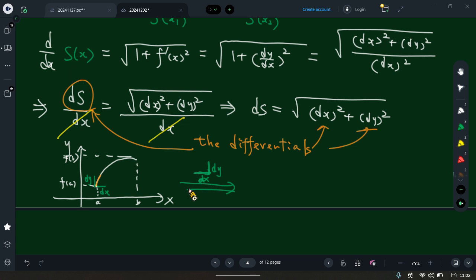Then this part is ds. You can also regard it as a right triangle. And of course, we follow this: we can have dx squared plus dy squared is equal to ds squared, right? So that means the arc length.